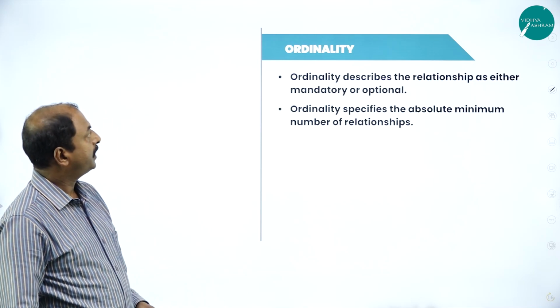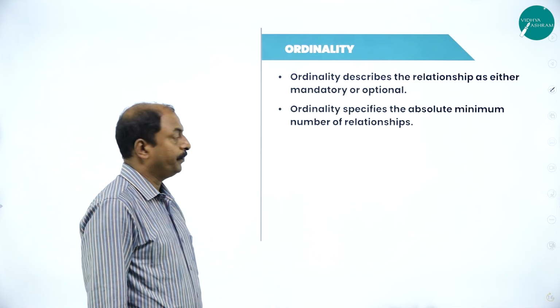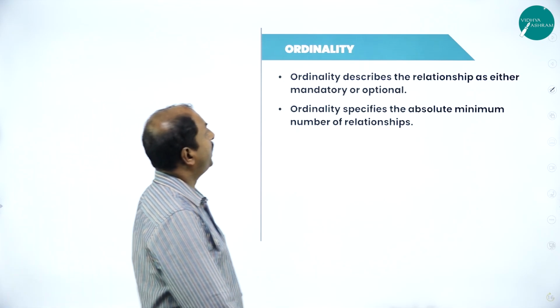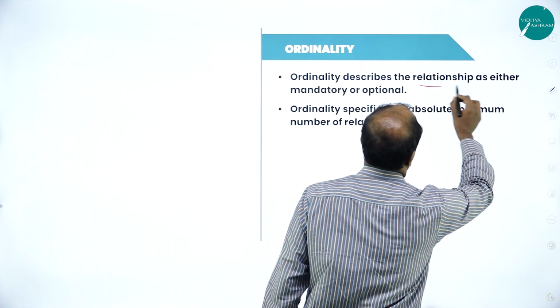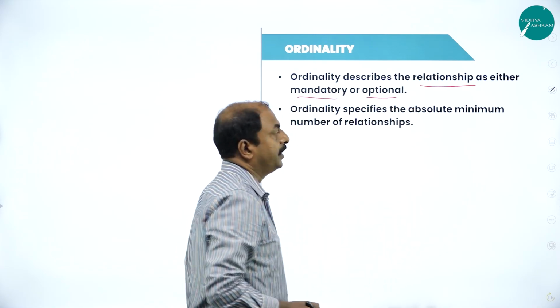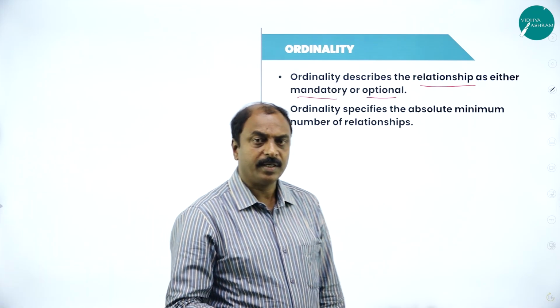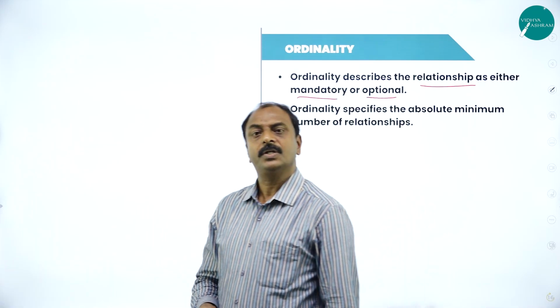Next definition is ordinality. What is ordinality? It describes the relationship as either mandatory or optional. If there is more than one table, there may or may not be a relationship between two tables.